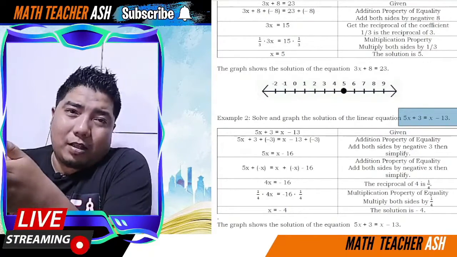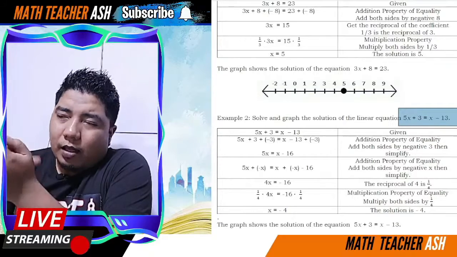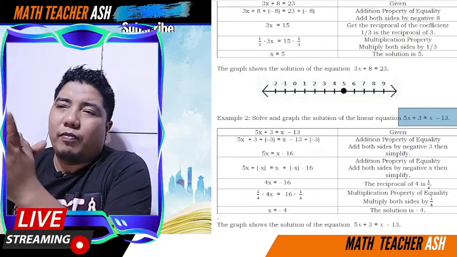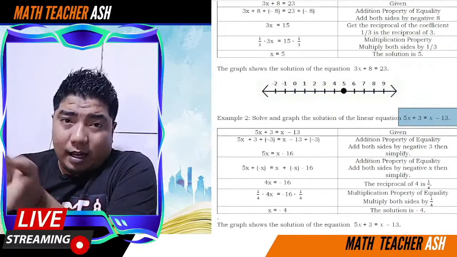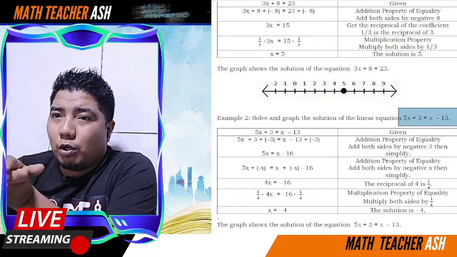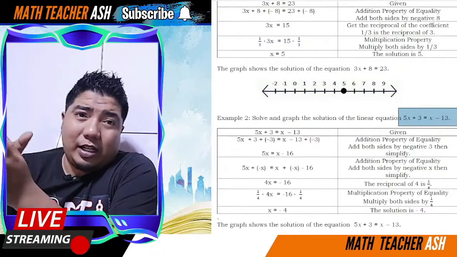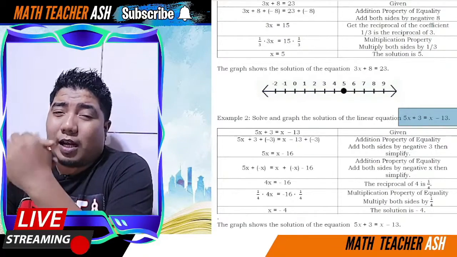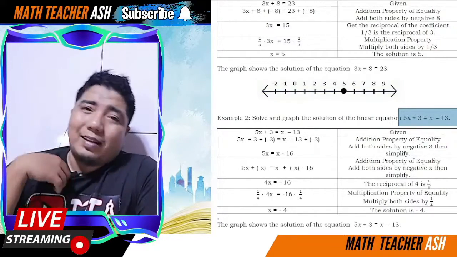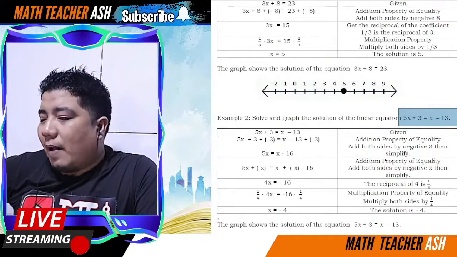Okay, so my dear math learners, this is just by applying the addition property of equality. But as I said in the last video, in module 5 of our discussion, there is a solution, and that is what we call the transposition method, presented by the book of Gladys Nievera.